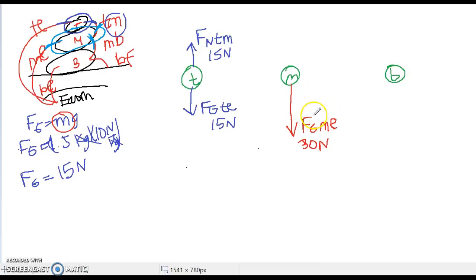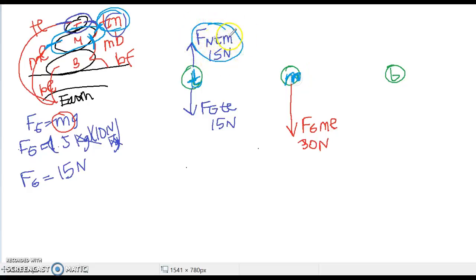Okay, so now we have to look at the different rocks here. Okay, so if I already know the top rock and I want the middle rock, these are the guys that are going to be involved in my pair. Okay, because they're touching. Right? Once there's an interaction, it goes both ways. So since I'm using top and middle, I have to look for that pair, and he's going to be right here.